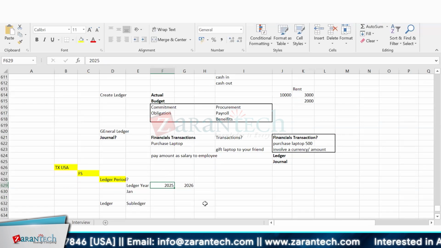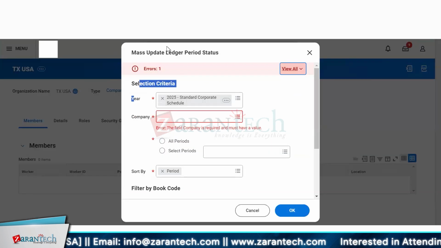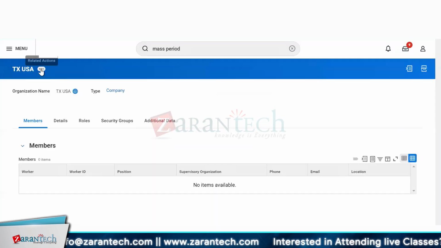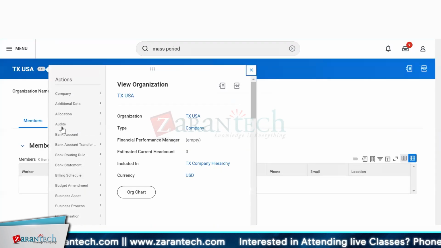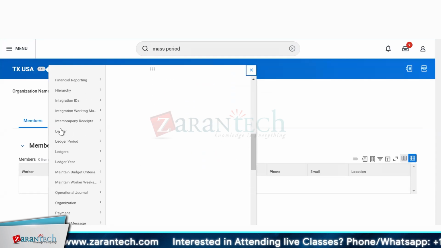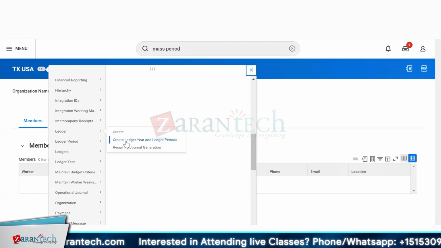How are we going to open up this ledger year? You go back to your company. If I close this window and go back to your company, go to the related action button. Here, going down on the ledger option, there is an option that now appears, that is create ledger year, ledger periods.